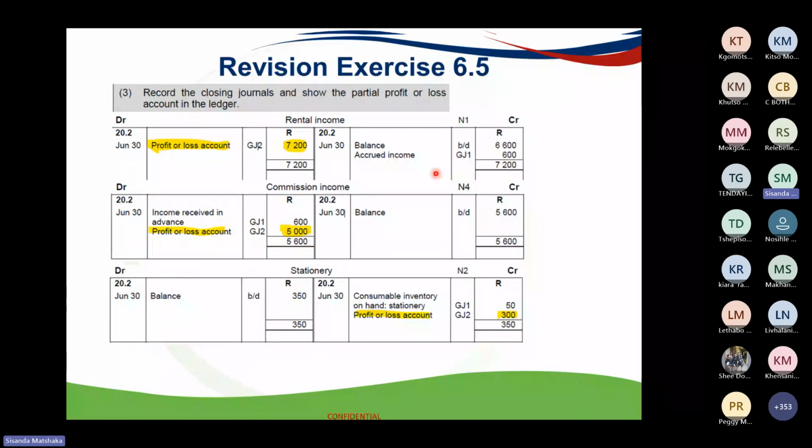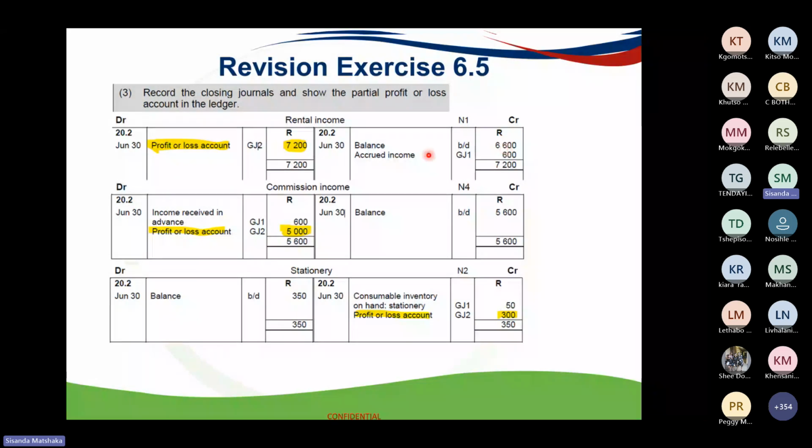This would typically only have an impact on your profit and loss accounts, or your income statement accounts. Any accounts which affect your balance sheet will not be part of your profit and loss ledger closing entries.